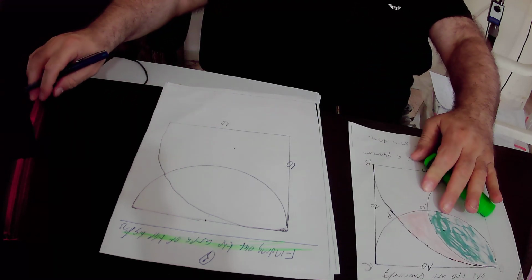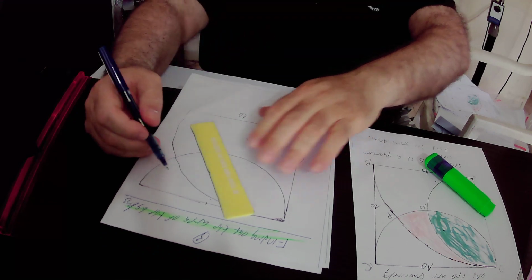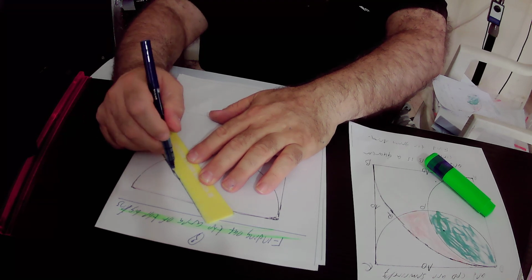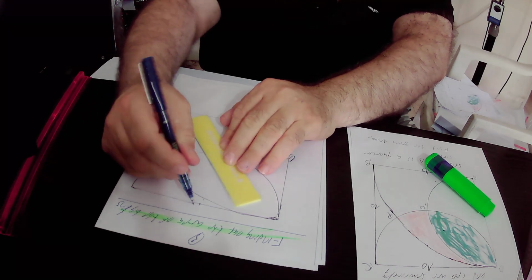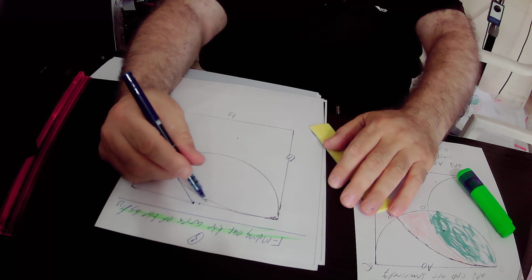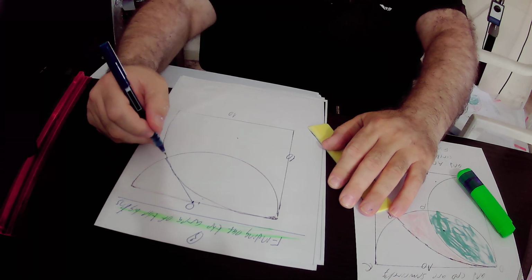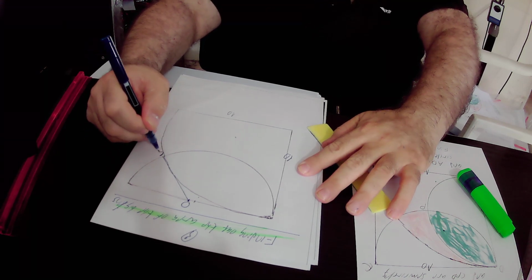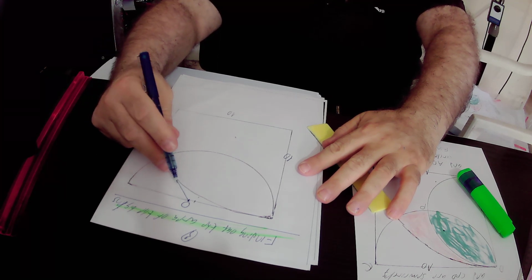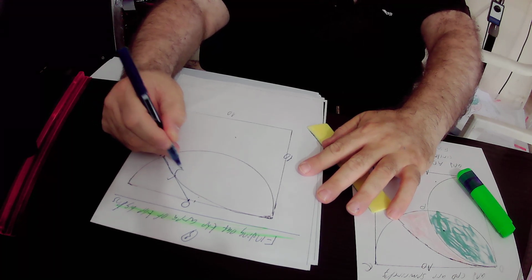So here we define the center of this semicircle as point O. This is point L. Point O is the center of the semicircle, point L is a point on the semicircle itself, therefore OL is the radius of this semicircle that is equal to 5 units.